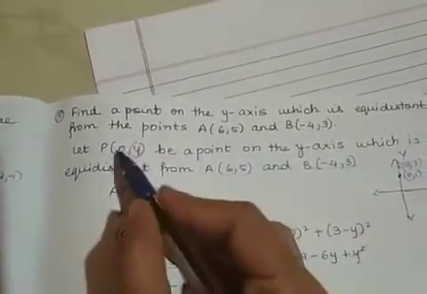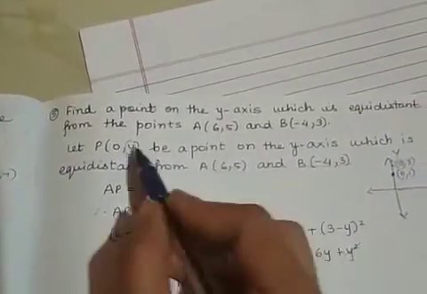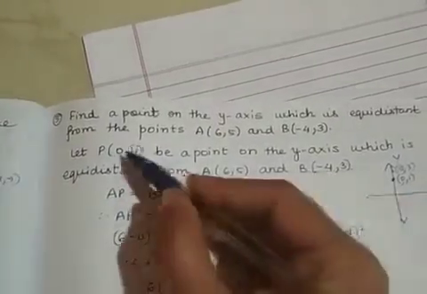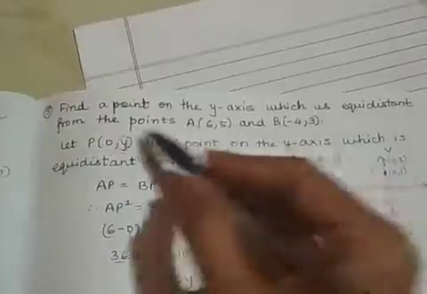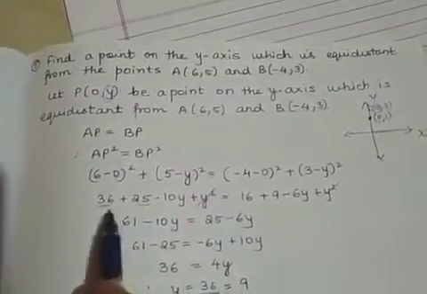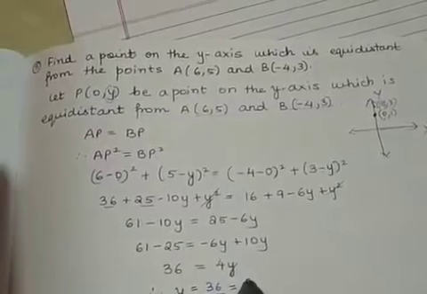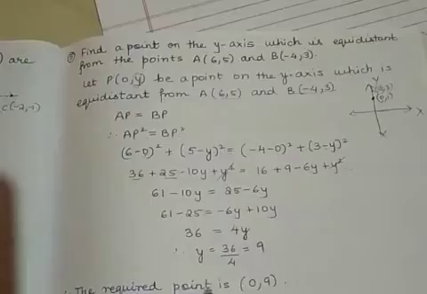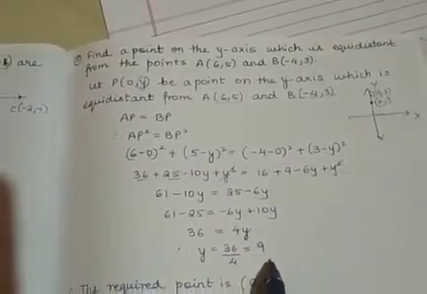So you have (6 minus 0) the whole square plus (5 minus 5) the whole square equal to (minus 4 minus 0) the whole square plus (3 minus y) the whole square. And on solving this, you get y is equal to 9. So you found the value of y. So the required point is (0, 9).